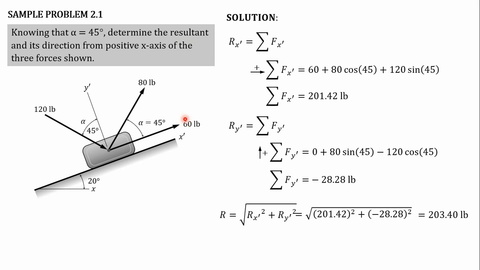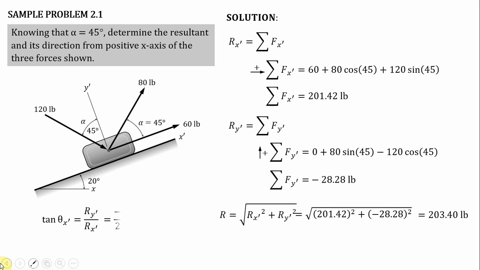So, how to solve the direction of the resultant force? Kunin natin yung theta x prime. So, tangent theta x prime is equivalent to Ry prime divided by Rx prime.